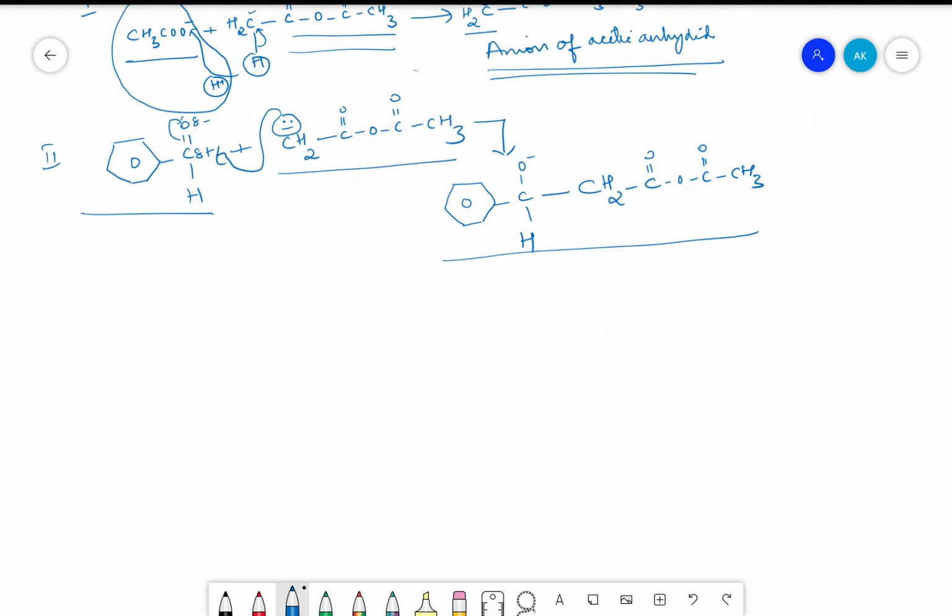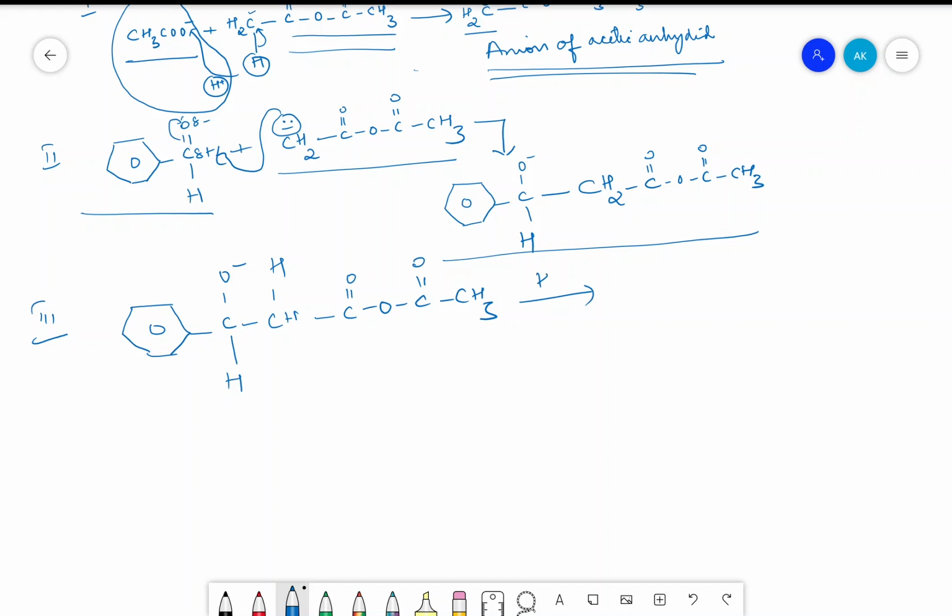undergo this particular third step, where the intermediate we got here, I'm going to write the CH2 as CH and H. C double bond O, O, C double bond O, CH3 as it is.